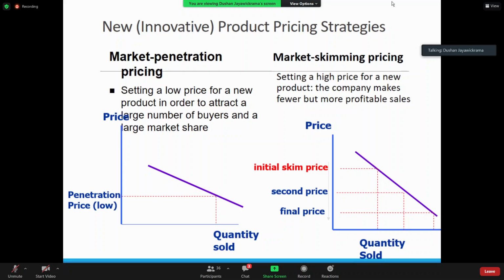skimming pricing, if you start with how much or to what extent you can go down, Ramesh, we decide based on several factors. So, for example, if you take iPhones or Apple brands, at the initial stage of their new models, they have a very high price.